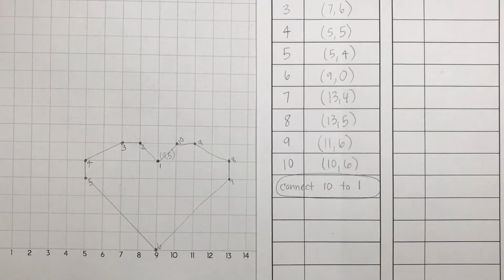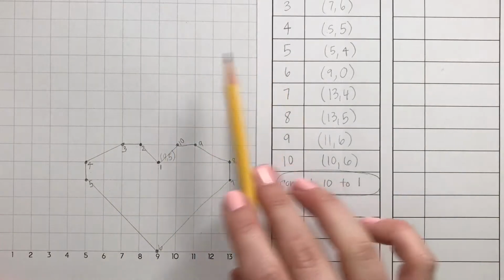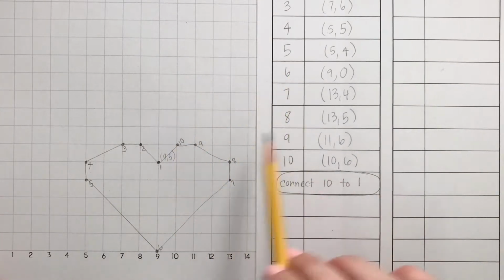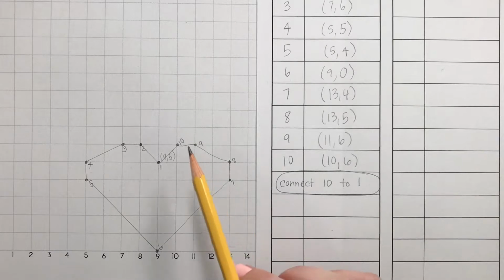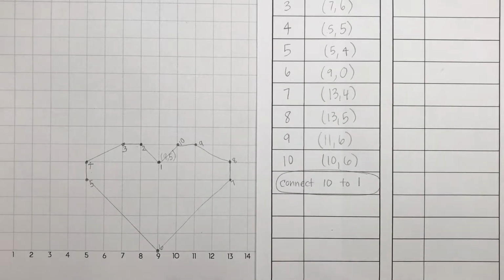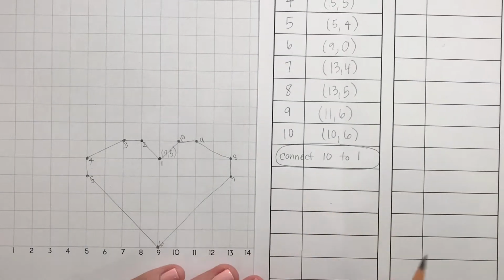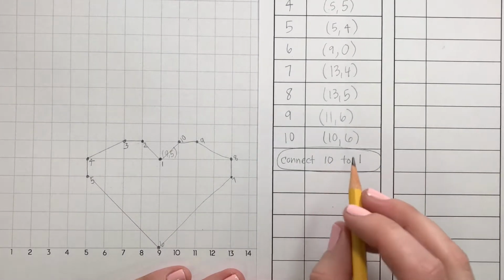Now let's say you have a drawing where you want them to create one thing but then start a new smaller piece, or maybe you just don't want the next part of the drawing to actually connect to the last one. So I'm going to do a little bit of an example to show you exactly how to do that. It's really simple. So all you would have to do is make a note on your recording sheet.